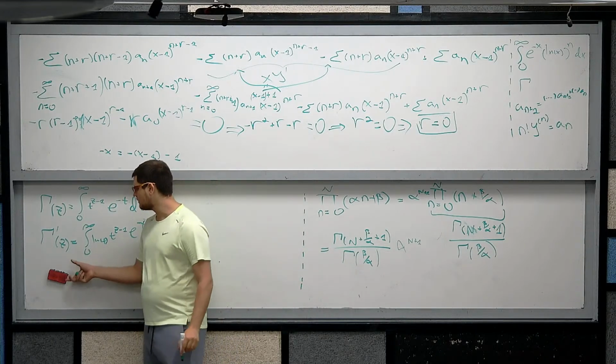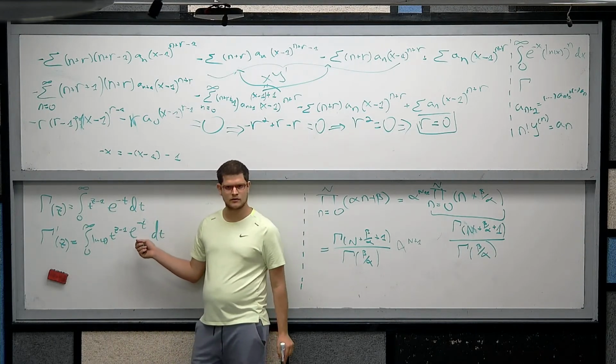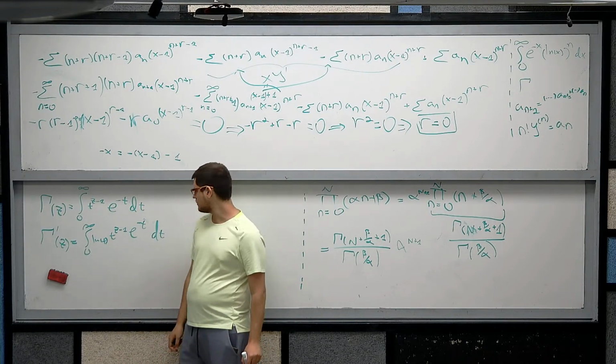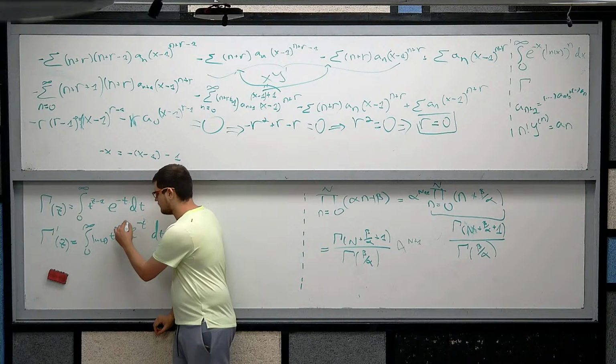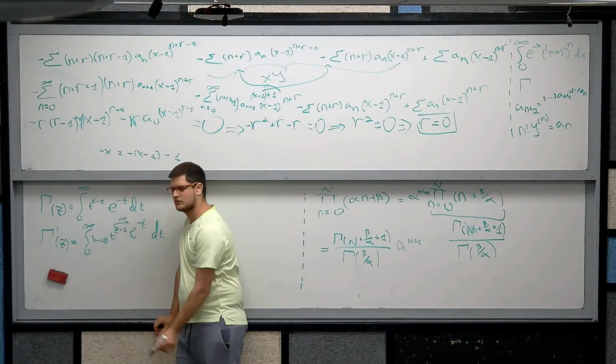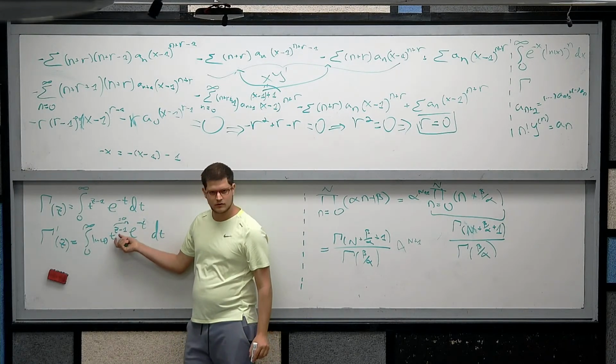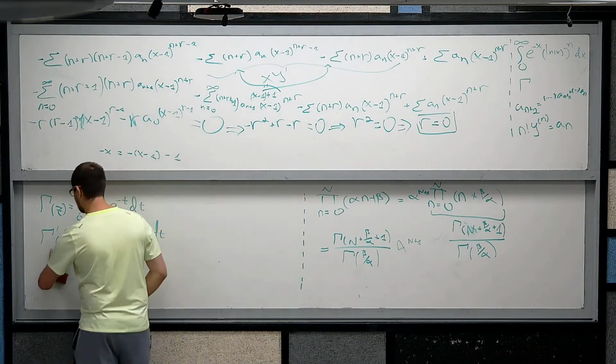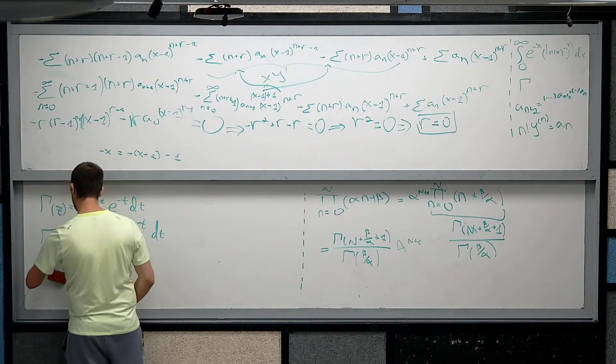And then, if I plug z to be 1, what am I getting? The exponent will be 0, therefore t to the power of 0 is 1. So, for z equal to 1, we're getting that.